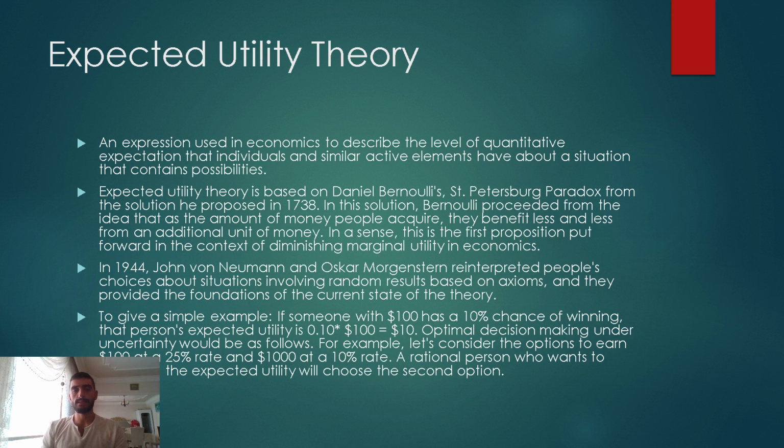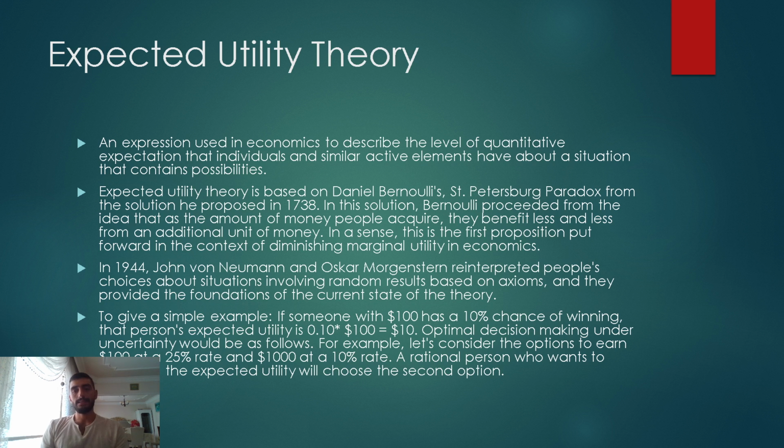To give a simple example, if someone with $100 has a 10% chance of winning, that person's expected utility is 0.10 times $100 equals $10.